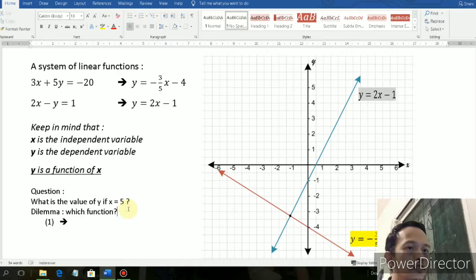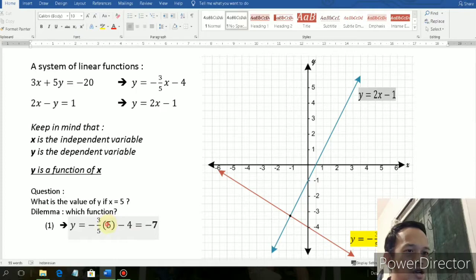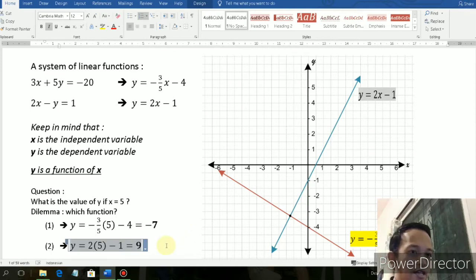Because if I'm using the first function, the value of y when x equals 5 is, I just substitute the x by 5, and then this is my y, negative 7. But if I'm using the second function, which is y equals 2x minus 1, the value of y when x equals 5 is 9.